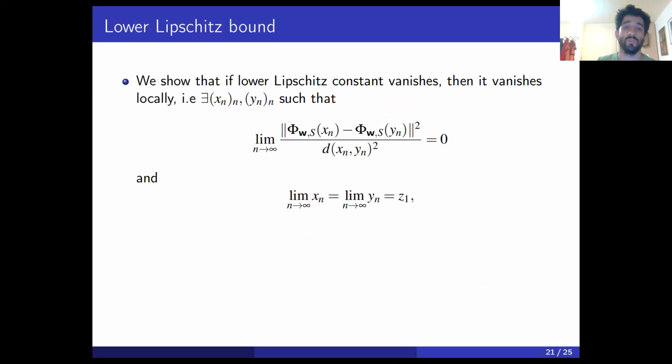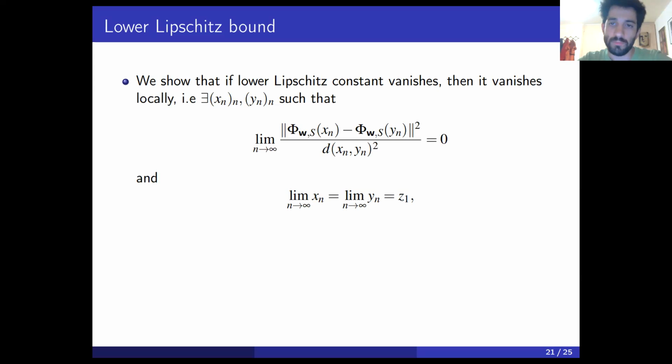Here, because this proof was very technical, I will just give a brief summary of how we worked to prove that. As I said before, we didn't provide any formula. We just showed that it is impossible, if phi is injective, to have a lower Lipschitz bound of 0.